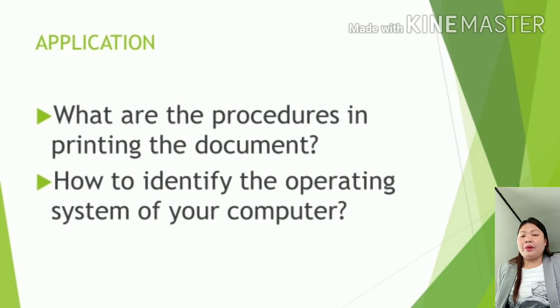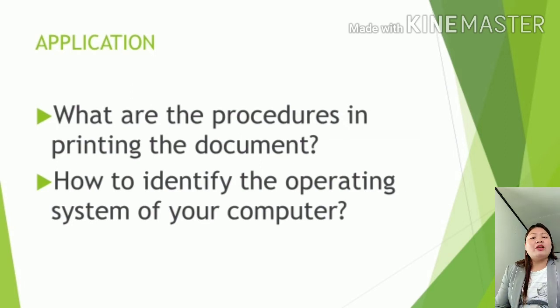Okay, class, our application. What are the procedures in printing the document? Okay, you will state the procedure in printing the document. You are going to click the existing files if you have the existing files. If you don't have the existing file, you will create a new document. And after that, you will go to the file menu.